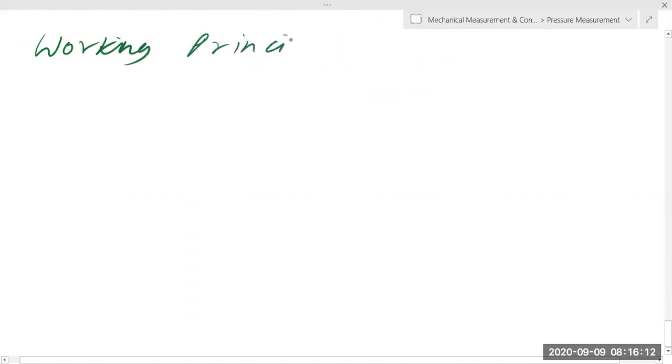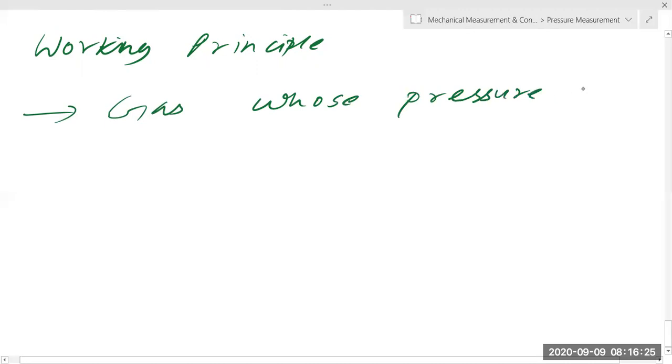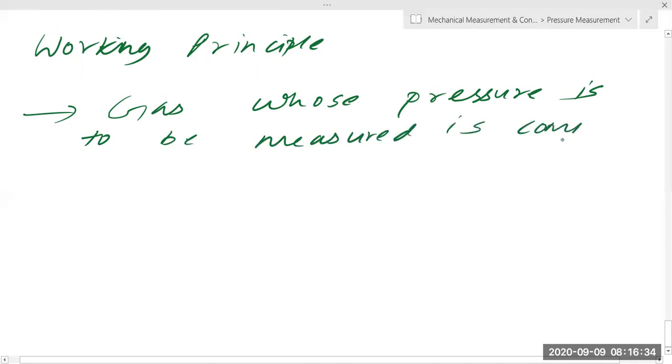The McLeod gauge works on the principle that the gas whose pressure is to be measured is compressed so that the manometer can read it.